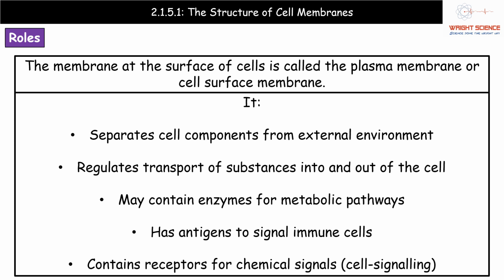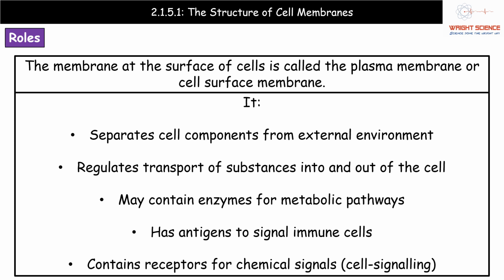So whenever you're talking about that membrane at the surface of cells, use one of these two phrases, plasma membrane or cell surface membrane. And get into those habits from day one of don't just write cell membrane anymore. We need to be talking plasma membrane or cell surface membrane. Take your pick, whichever one you prefer, go with that, but make sure you are using one of those two phrases in any of your written answers here.